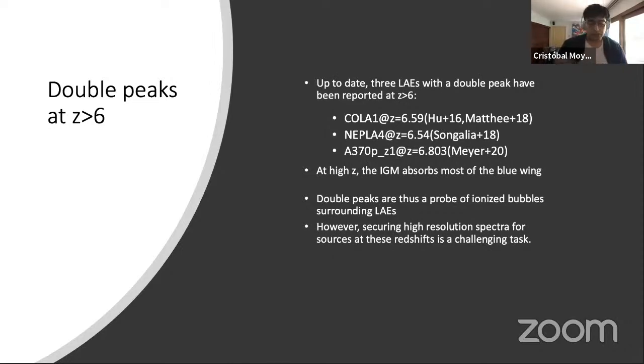And you can also imagine that your source sits within an ionized region of the universe. And due to the Hubble flow, the Lyman-Alpha line gets redshifted out of the rest frame wavelength, and thus is no longer affected so heavily by the neutral IGM.